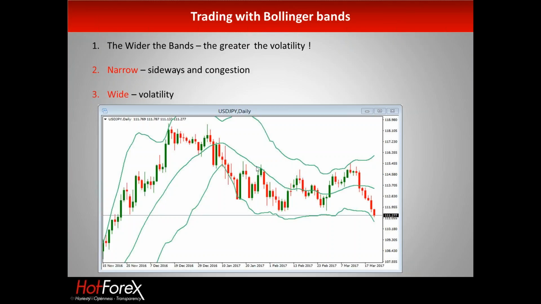Okay, does that make sense? So above the midpoint is positive, whether we're trending or ranging, and below the midpoint can be negative, whether we're trending or ranging. Use the extremes of the Bollinger Bands to look for turns in either the range or the trend, and that's why they're so useful.